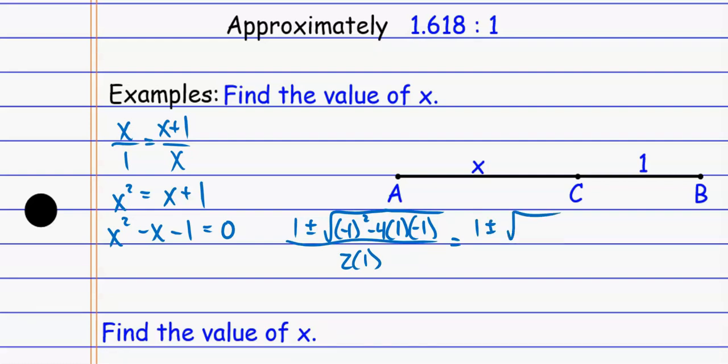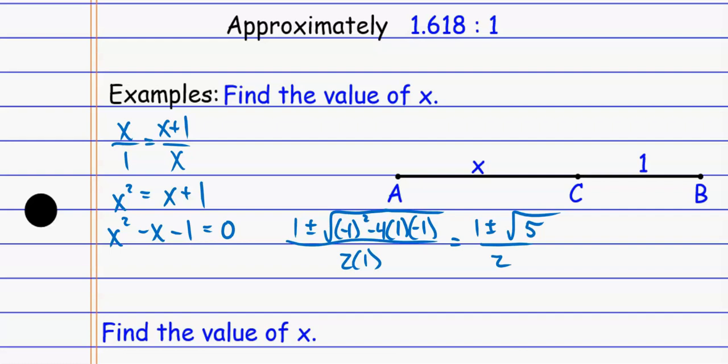But as we simplify this thing, negative 1 squared is 1. And then it's going to be plus 4, so that's a 5, all over 2. And now basically there's two things for me to plug into my calculator here. I'm going to do 1 plus the square root of 5. And then divide that by 2.